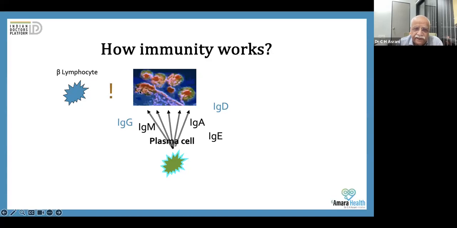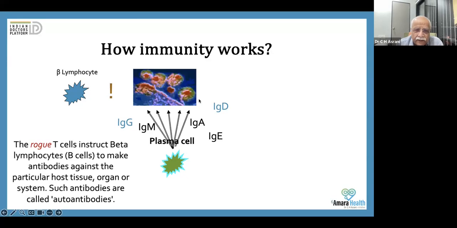The B lymphocyte, the plasma cell, has made all this. The rogue T cell, or the T cell which has gone mad, which wants to destroy the body, instructs B lymphocytes to make antibodies against the particular host tissue or organ. Such antibodies are called autoantibodies.